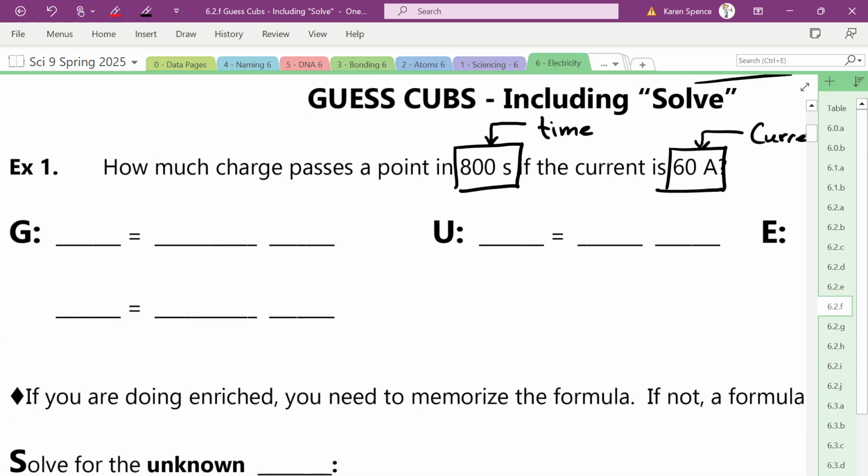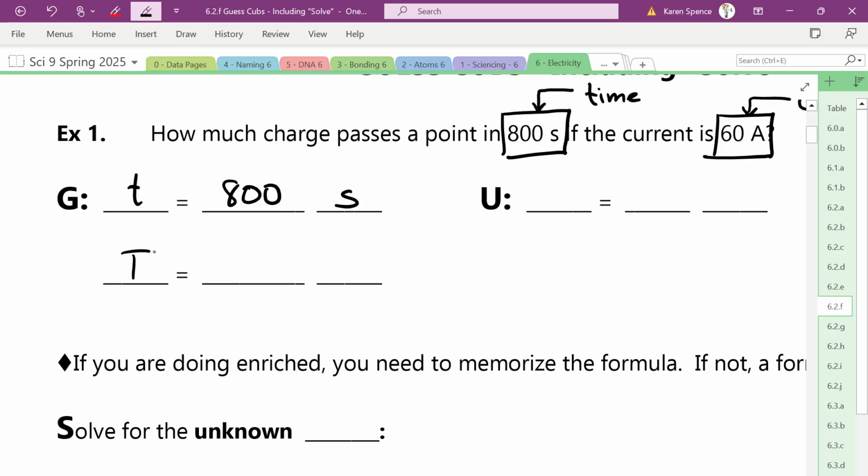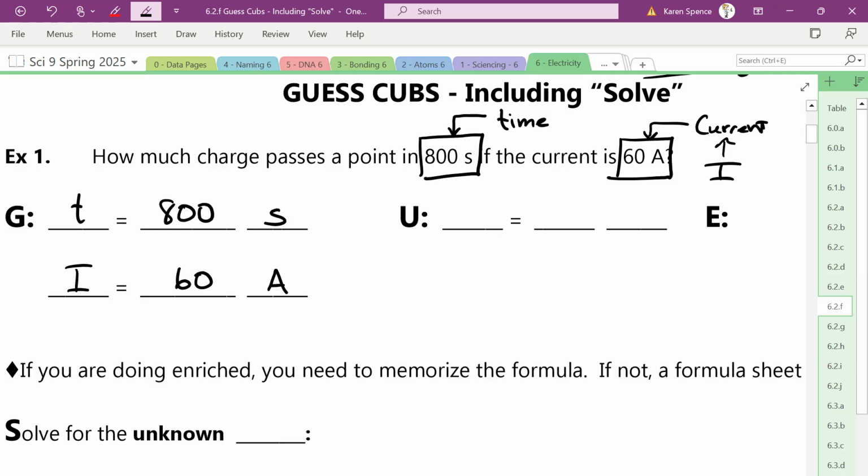So, our given information is that time, which is T, is equal to 800 seconds. Our other given value is current. Do you guys remember the symbol for current? It's kind of a weird one. It's an I. It stands for the intensity of the current. So we have I is equal to 60 amps. And then our unknown, we need to look for our question word.